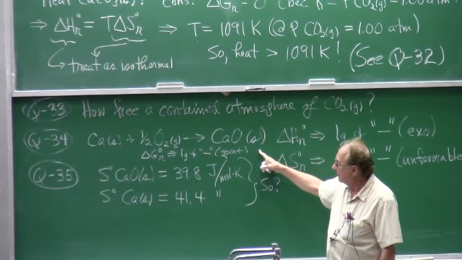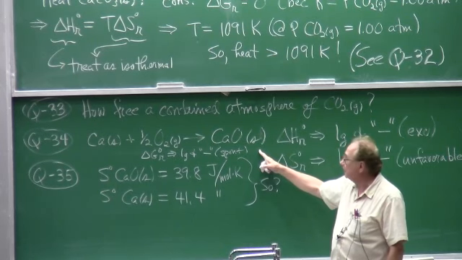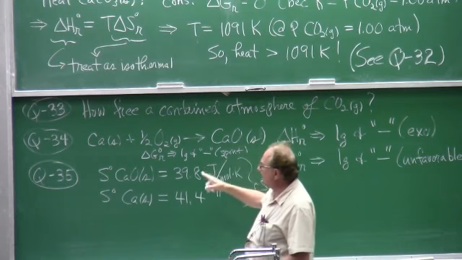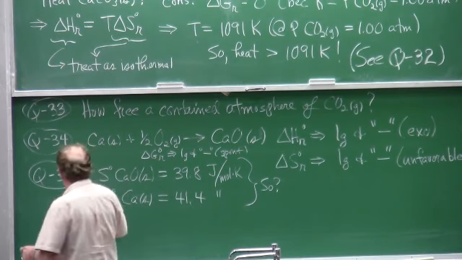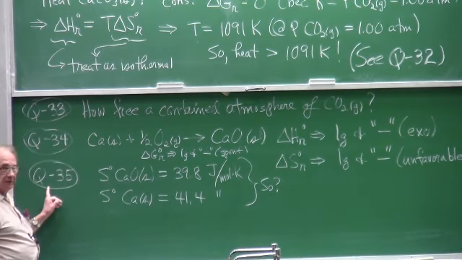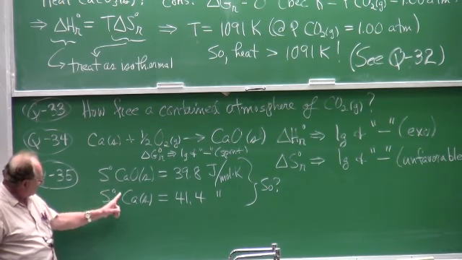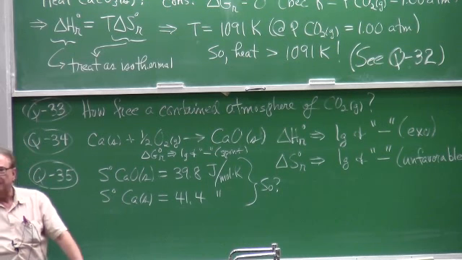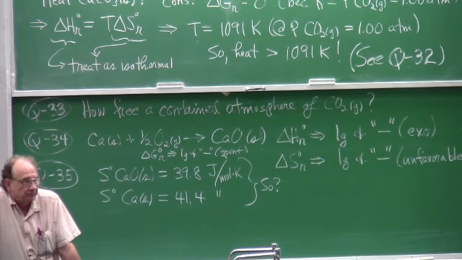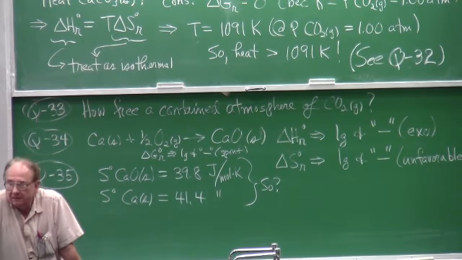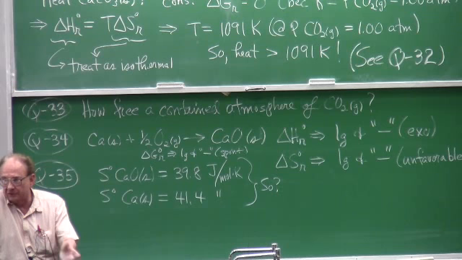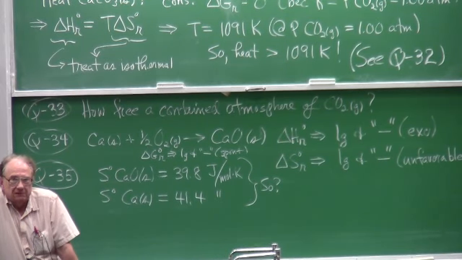Now, to get a better handle on this very exothermic reaction, let's look at these S0 values, which is called to your attention by question 35, for calcium oxide versus calcium solid itself. We've reminded ourselves that standard entropies depend on formula mass, temperature, structure, phase.